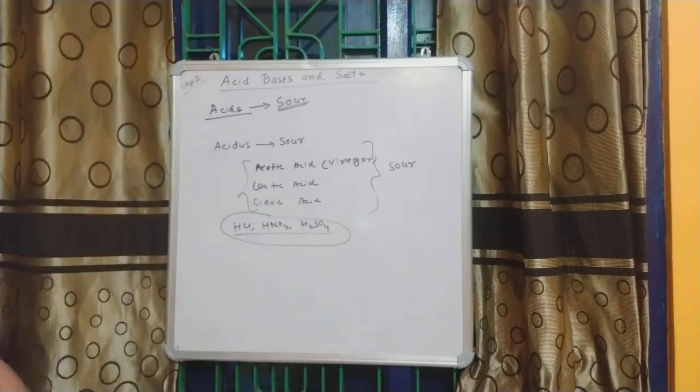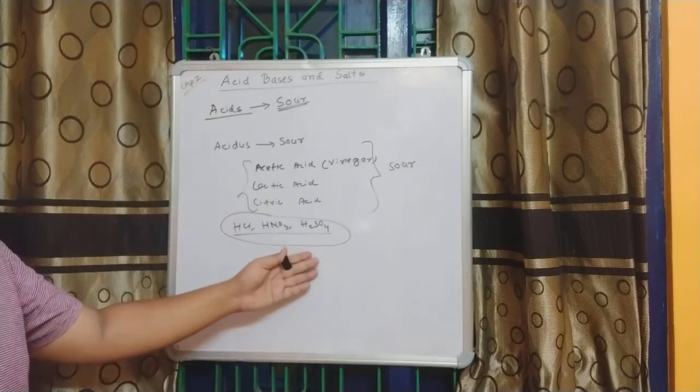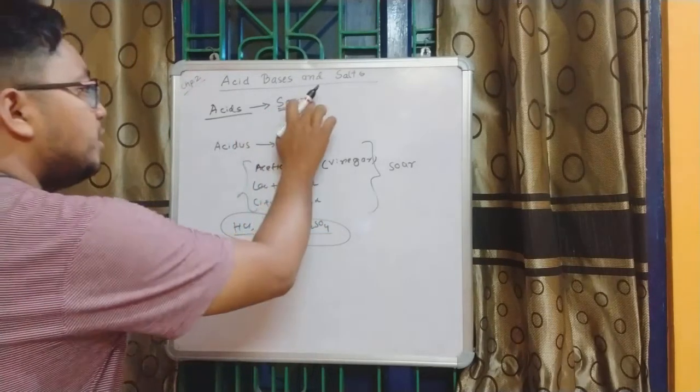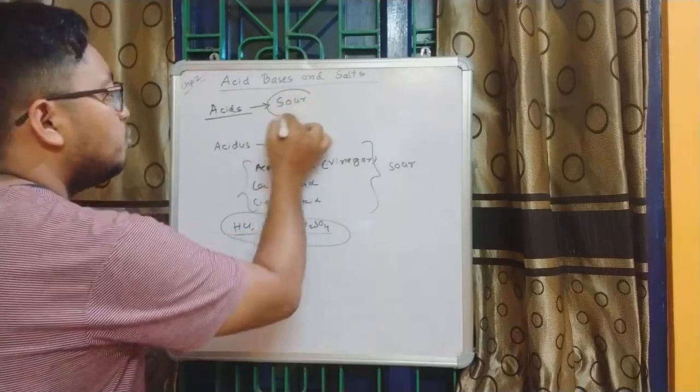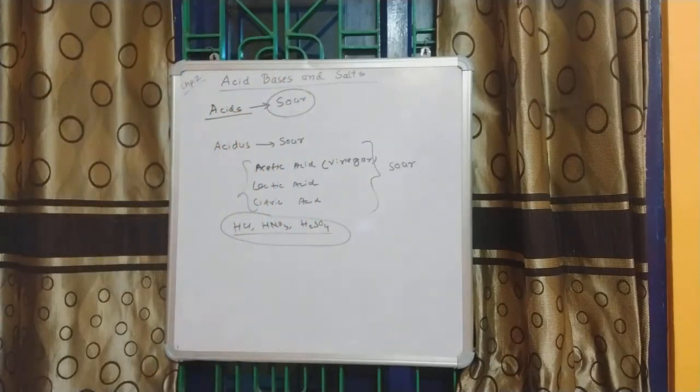So on what criteria are we calling them acids? The sourness of a substance cannot be the sole criteria to determine whether a substance is an acid or a base. So we will talk about how we can actually classify or identify whether a substance is an acid or a base.